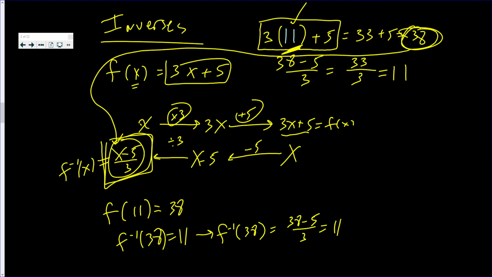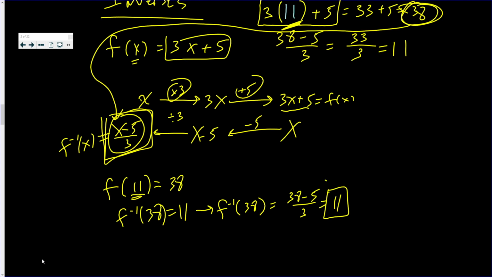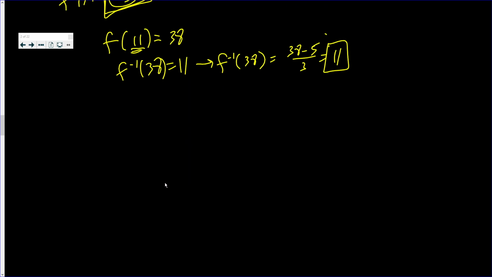You get back 11. So now you can do what you meant to do. Instead of multiplying 11 by 3 and adding 5, you now can undo that, get back 11, and do whatever you want to it. Whatever you meant to do.